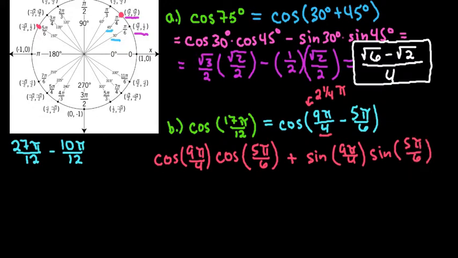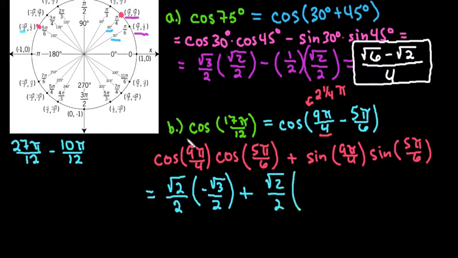Now we go to our unit circle, and 9 pi over 4, which gets us back to this point, is square root of 2 over 2. Cosine of 5 pi over 6, since we're talking about the x coordinate, is negative square root of 3 over 2. Plus sine of 9 pi over 4, which is square root of 2 over 2, times the sine of 5 pi over 6, which is 1/2.